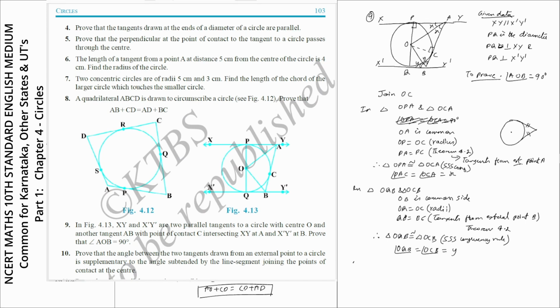Now since xy and x dash y dash are parallel, angle PAB plus angle ABQ should be equal to 180 degrees. These are supplementary angles.